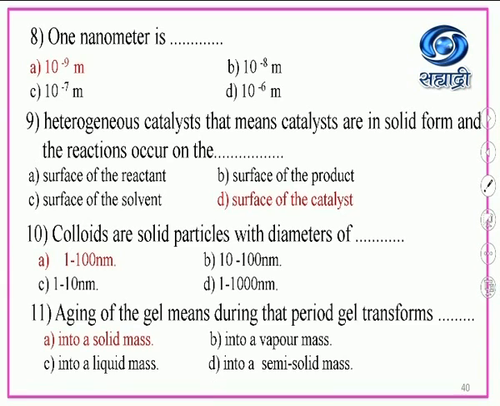Okay. Colloids are solid particles with diameters of 1 to 100 nanometer, 10 to 100 nanometer, 1 to 10 nanometer, 1 to 1000 nanometer. Correct answer is 1 to 100 nanometer.